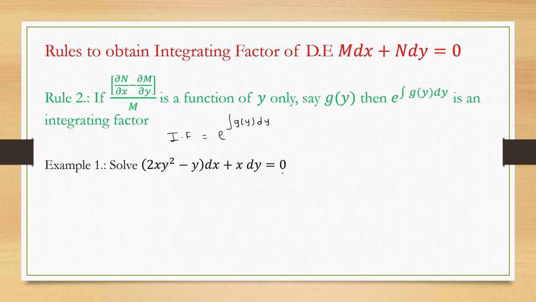So rule number 2 says that if (∂N/∂x minus ∂M/∂y) upon M is a function of y only, say g(y), then the integrating factor is e raised to integration g(y) dy. Now let us see an example on rule number 2.